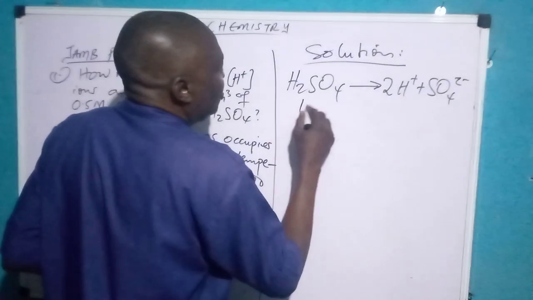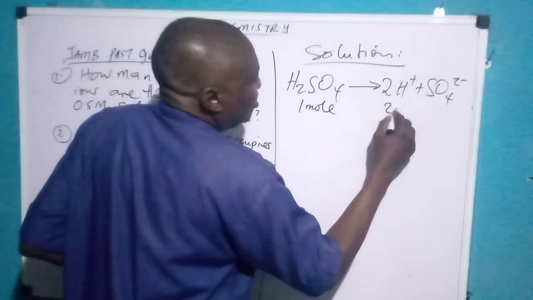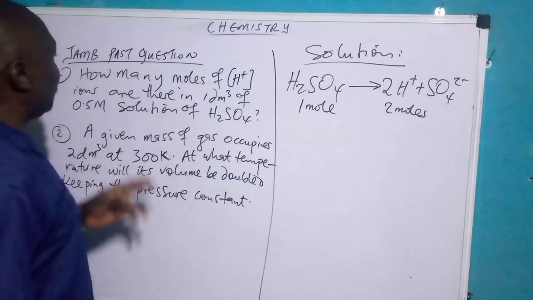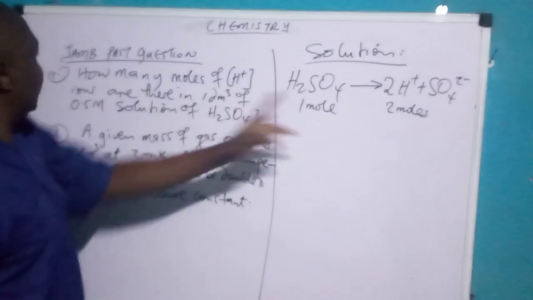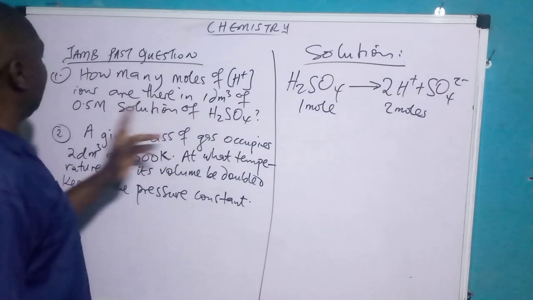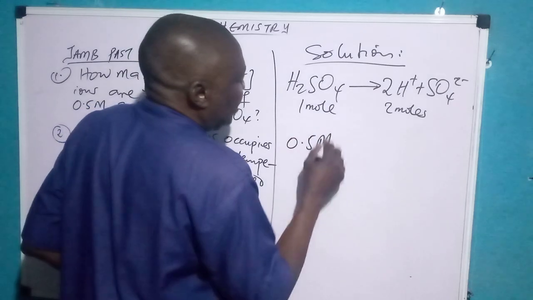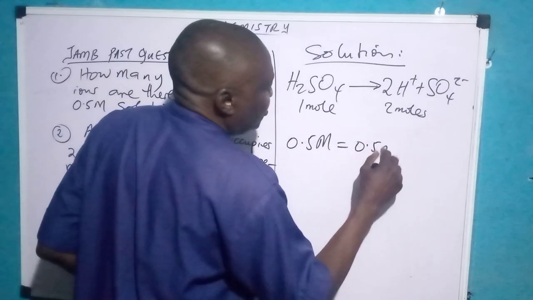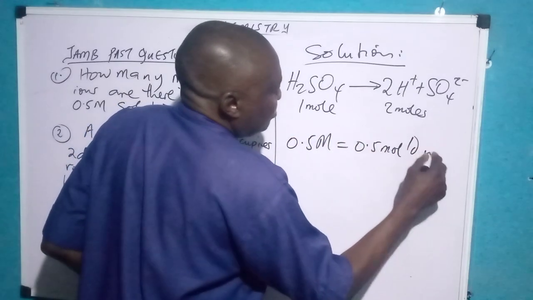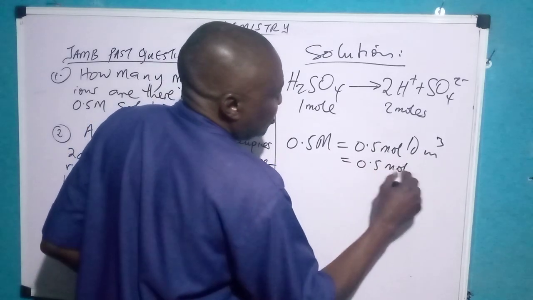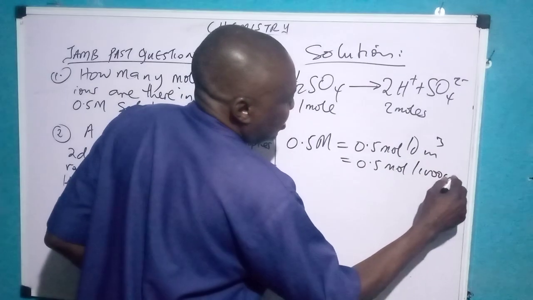Here you have 1 mole, there you have 2 moles of hydrogen ions. You always consult the question: how many moles of hydrogen ions are there in 1 dm cube of 0.5 molar? Remember, 0.5 molar is 0.5 mole per dm cube, or 0.5 mole per 1000 cm cube.